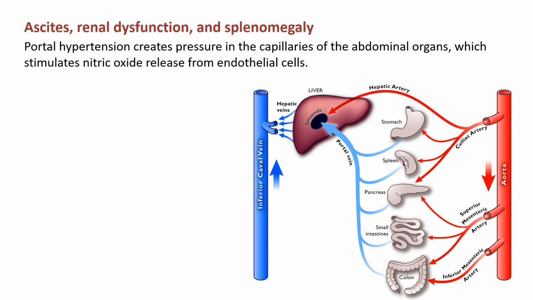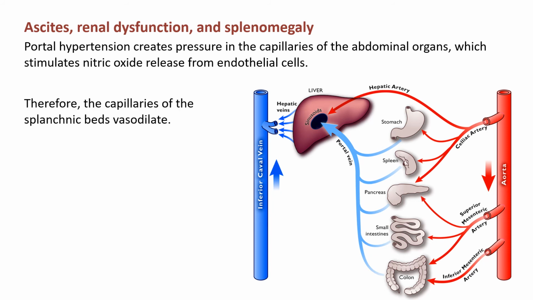So let's have a look at the abdominal cavity and what happens as a result of this portal hypertension. Portal hypertension, of course, creates this pressure in the splanchnic beds, in the capillaries of the abdominal organs. They release nitric oxide from their endothelial cells, and remember, nitric oxide works locally, and the capillaries of the splanchnic beds are stimulated to vasodilate.